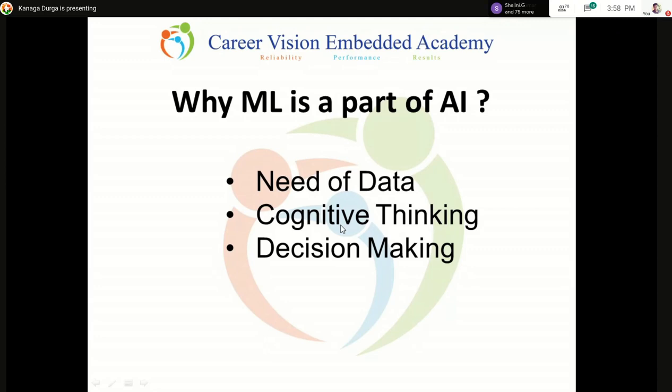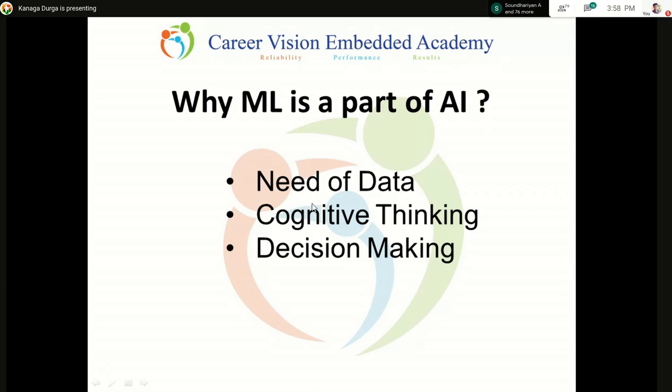So this decision making should also be covered by AI. AI should not only think and analyze what is good and what is not good, it should also take a decision and execute it.